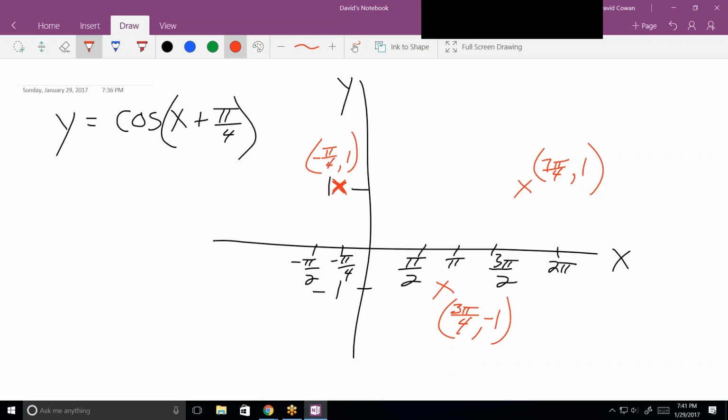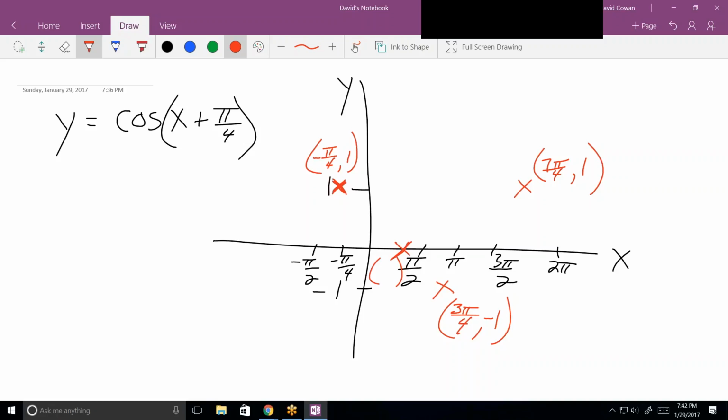Okay? So now I still have to find my other quarter points, because I know there's a quarter point somewhere there where the cosine curve's got to go through the x-axis on its way down to its minimum. Well, what are the coordinates of this point? Pi over 4 comma 0?